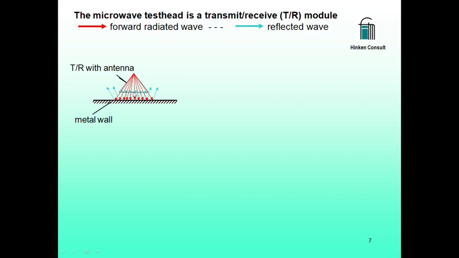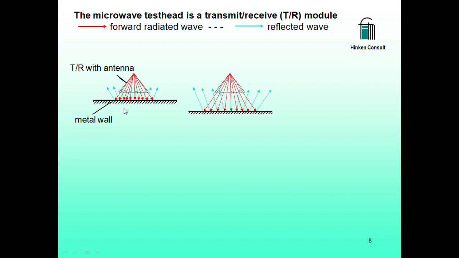At a small distance, all the forward radiated wave, when it is reflected, is captured by the antenna again, and then it gives a signal.